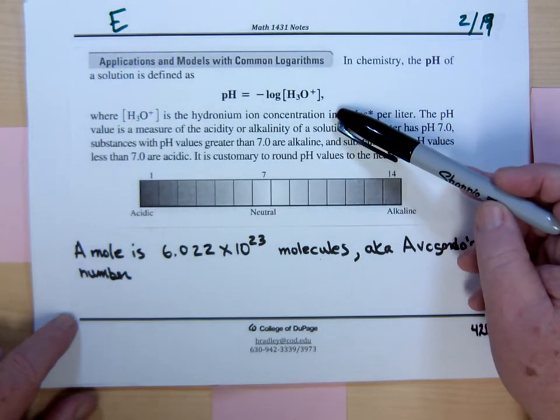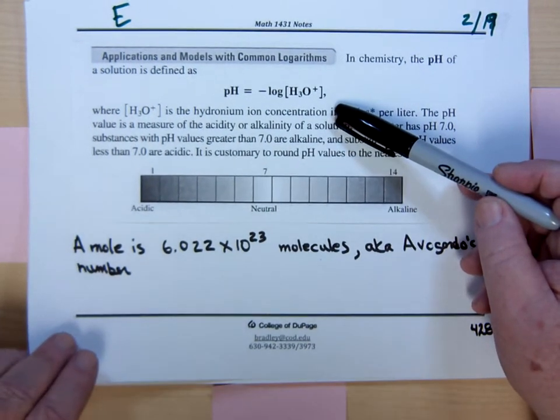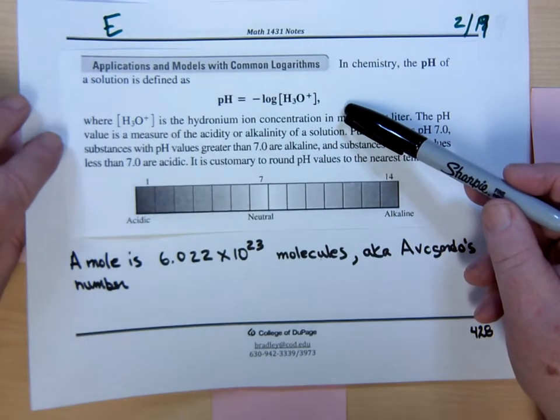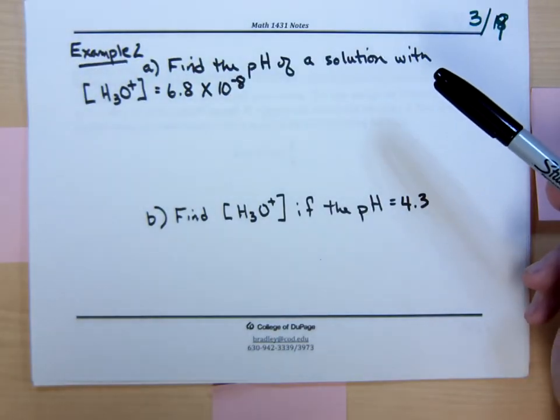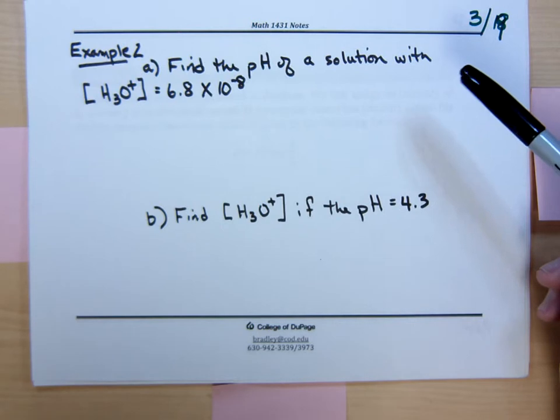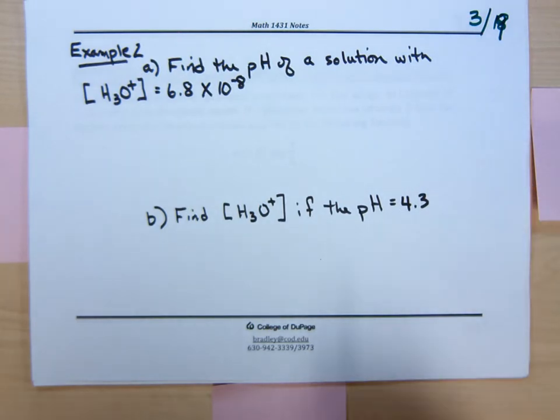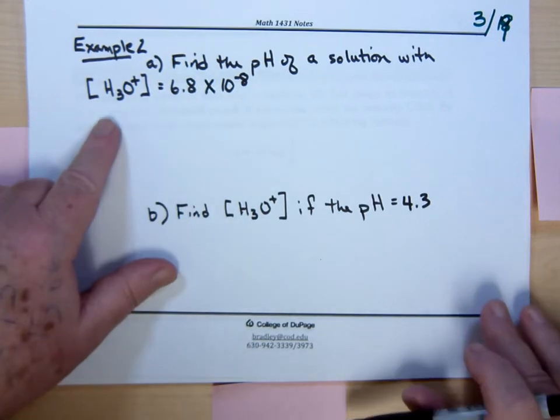So this is the equation that we're going to be exploiting as we go forward in this problem. Example 2 says they want you to find the pH of a solution that has a concentration of hydronium ions.